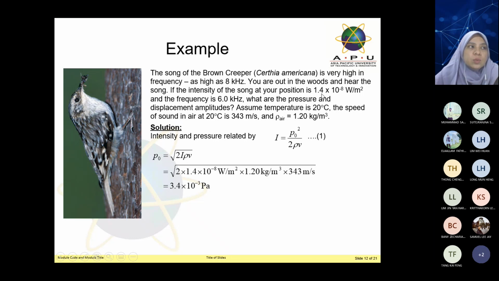I is 1.4 times 10 to the power of -8, the intensity. Next, rho is 1.2 kilograms per meter cubed. The unit no need to put in the calculation, later you get confused. And then V is 343. After calculation, you get 3.4 times 10 to the power of -3.